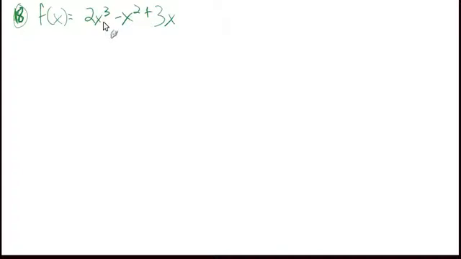I should recognize this is something I can find the derivative of easily using the power rule. But do I have a rule that I can use to take the derivative of this and somehow take this out of the whole expression? And in a way I can. The constant multiple rule says that if I want to find the derivative of this, I can take this off to the side for just a second.